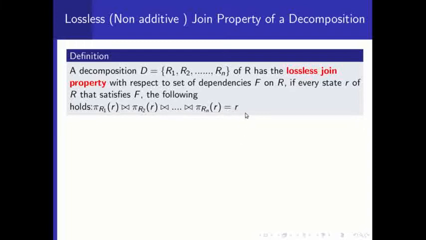This is a relational instance. If you take the natural join of the individual projections of the relation instance, it should result in r, nothing more than that, the relation instance itself.